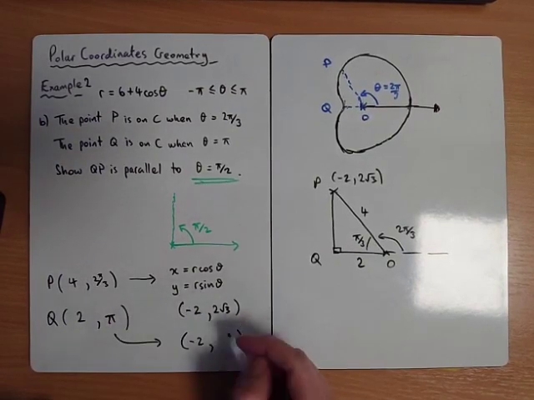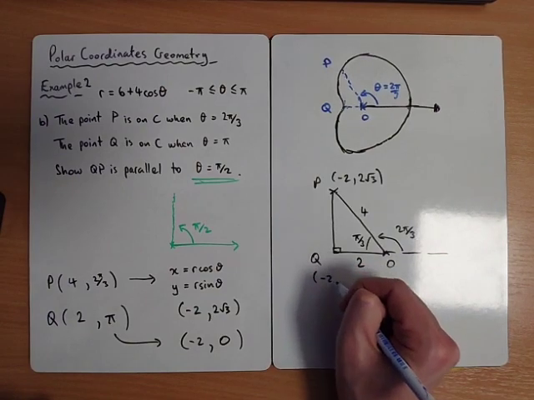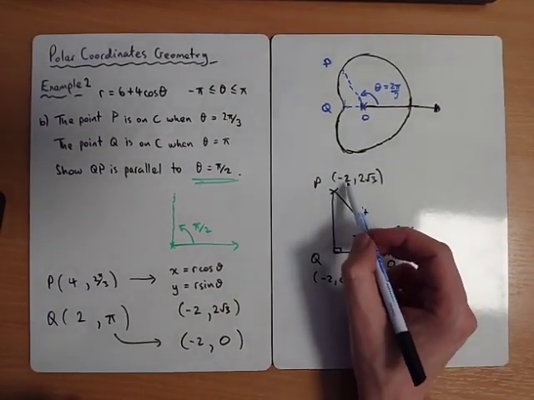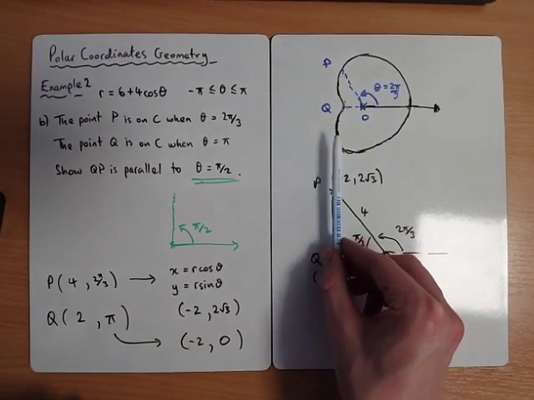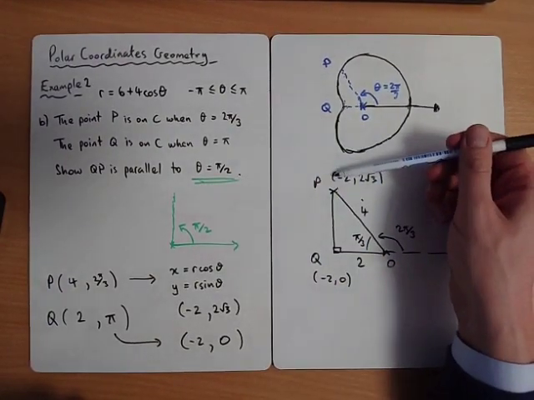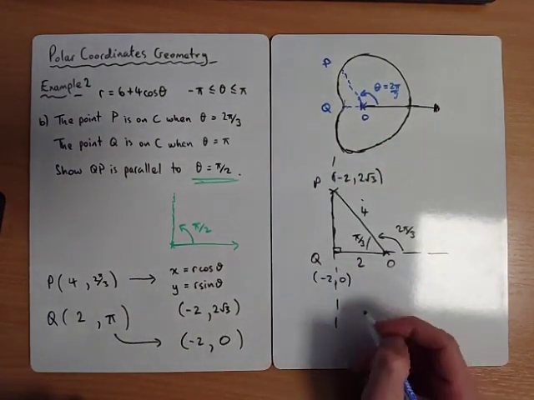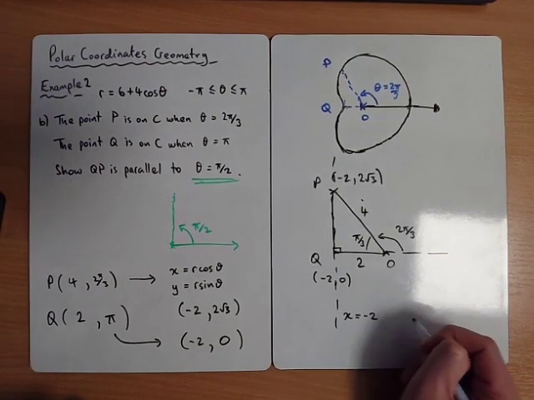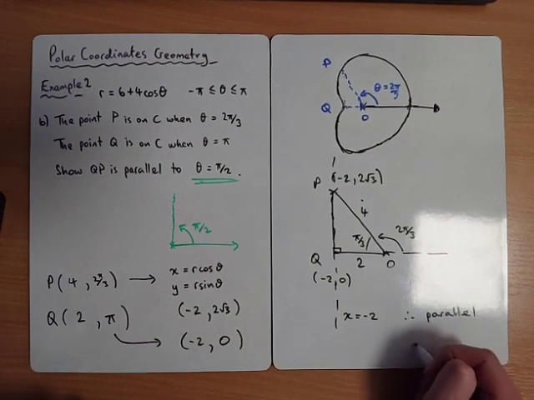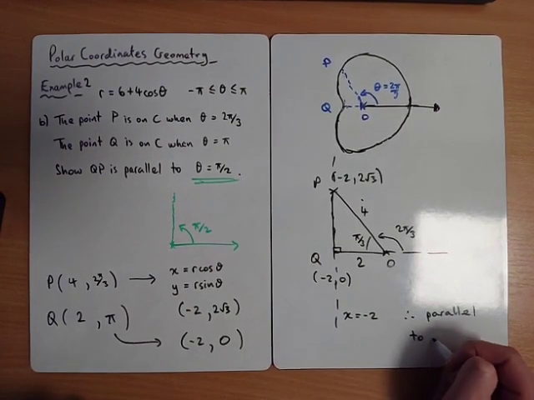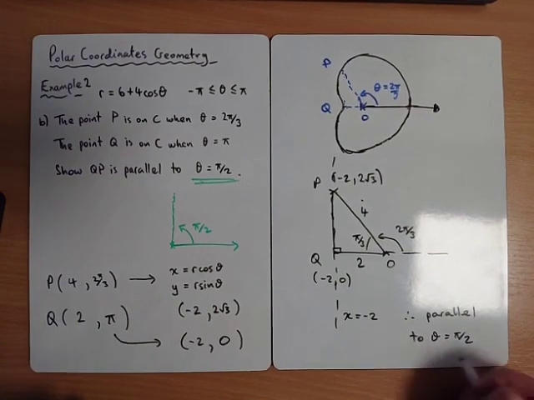And if we do 2 sine of pi, we get 0. So this coordinate here would be minus 2, 0. This coordinate here would be minus 2, 2 root 3. So we could explain it from a Cartesian perspective. We could say, clearly, because they've got the same x coordinates, both of these points would lie on the line x equals minus 2. So therefore parallel to theta equals pi over 2. Okay.